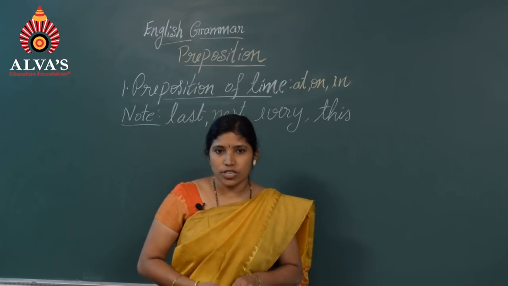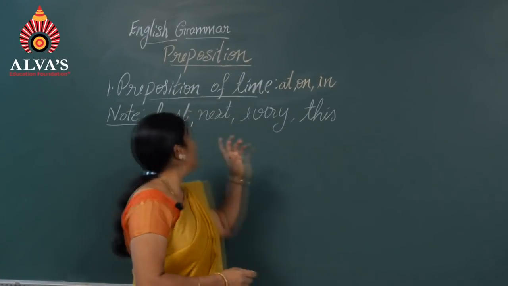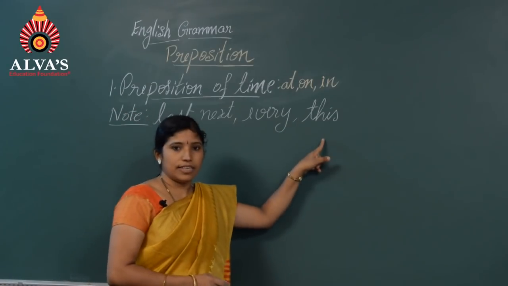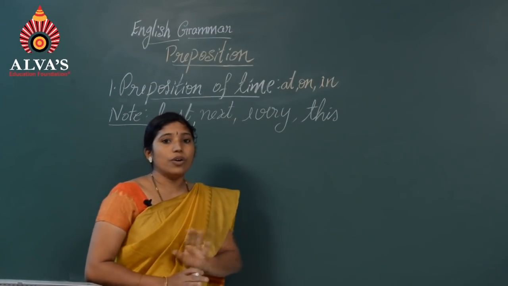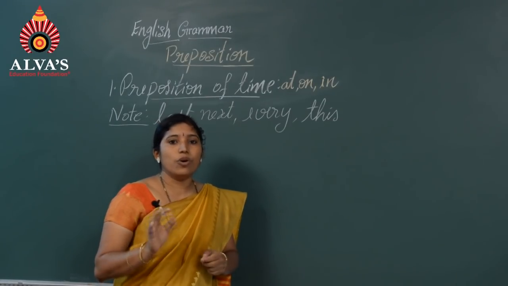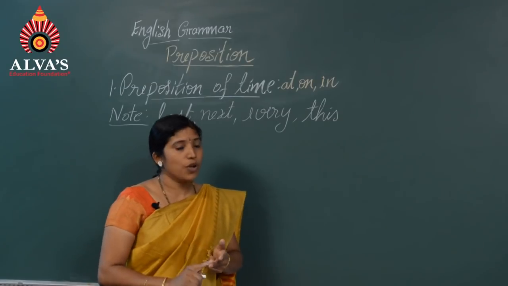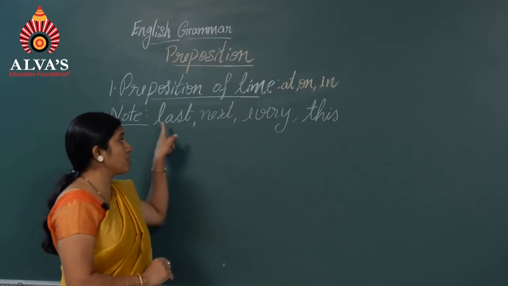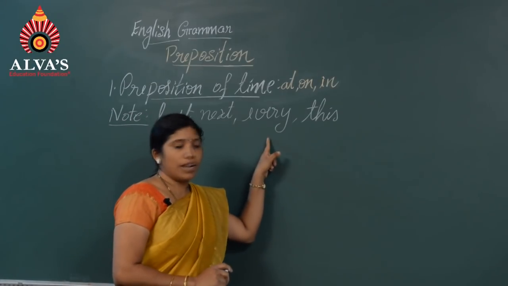But note one thing, children, when we refer to last, next, every and this in the sentences, we don't use prepositions at, on and in. Remember, one of these words may be last or next or every or this.